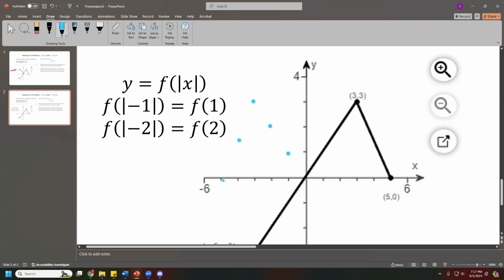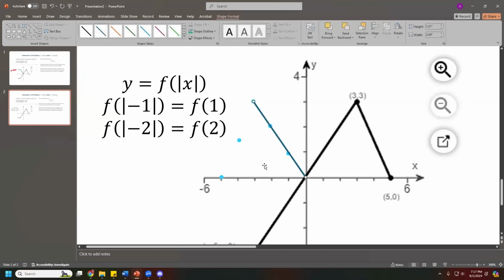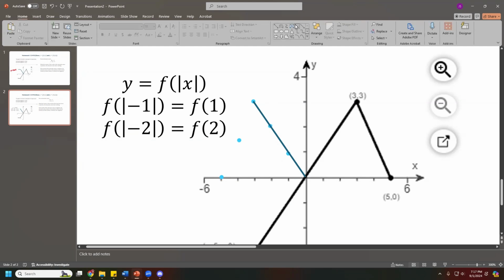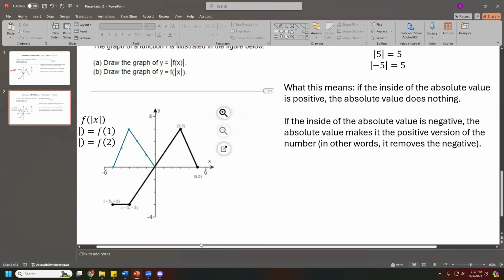And finally, if I plug in -5, that's going to be the same thing as plugging in +5. And when I plug in +5, I get 0. So if I go ahead and play connect the dots, I basically have a line that goes like this, and it connects down this way, basically like that. If I zoom out a little bit, you can see my general appearance.